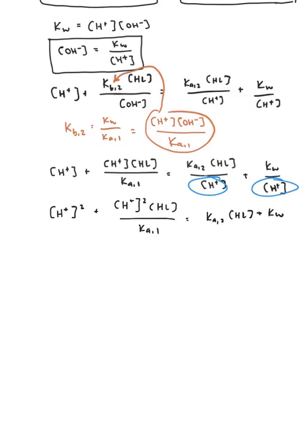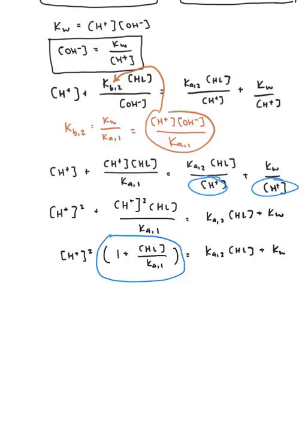I want to get H+ all on one side. So I'm going to factor out a term of concentration of H+ squared on one side of the equation. We'll be left with 1 plus concentration of HL over Ka1 is equal to Ka2 times HL concentration plus Kw. I'm going to move the entirety of this term in parentheses over to the right-hand side.